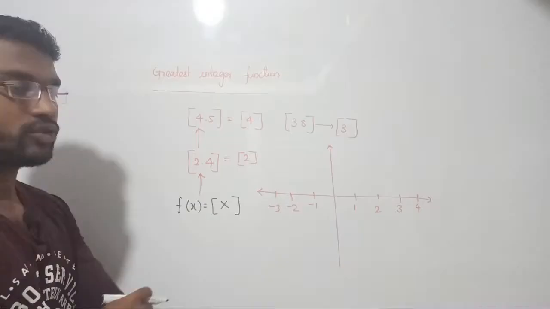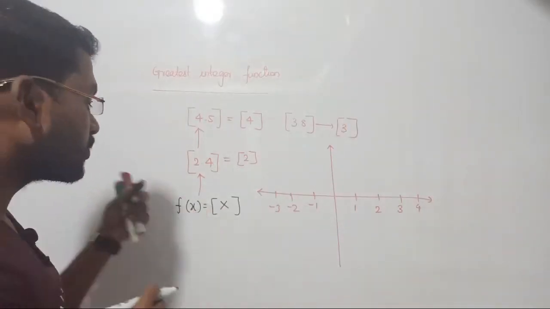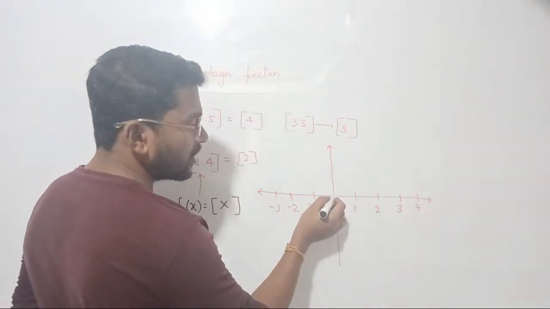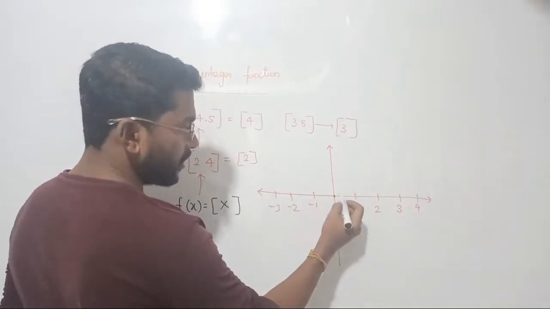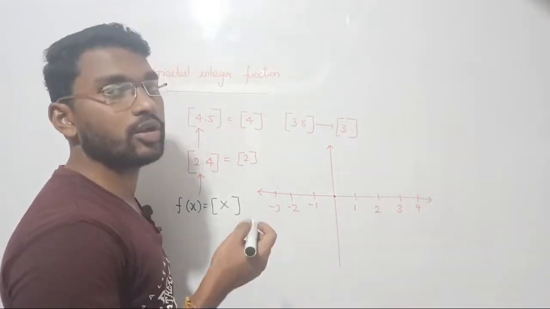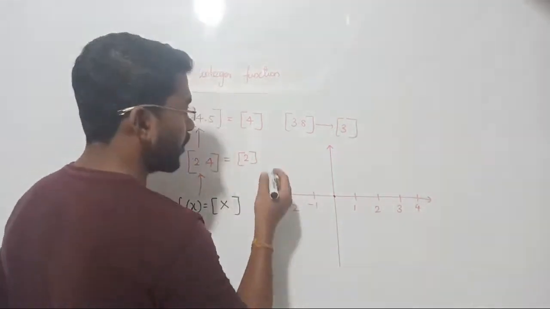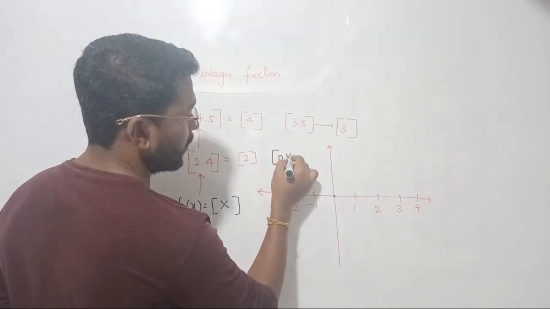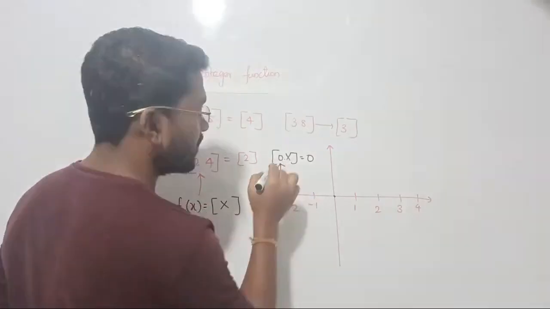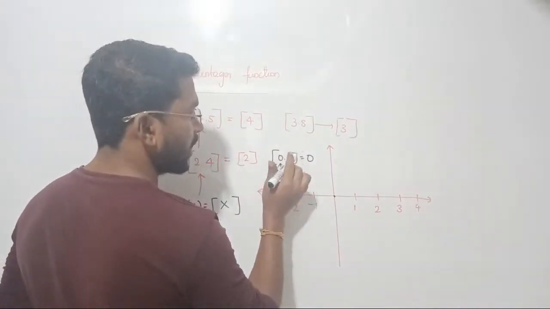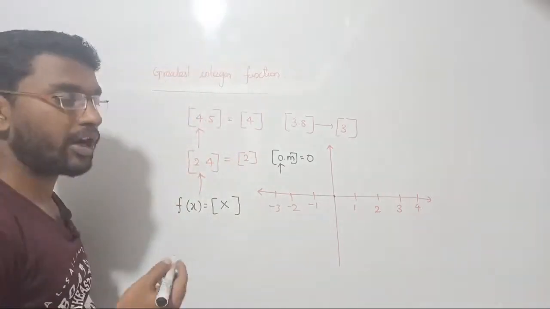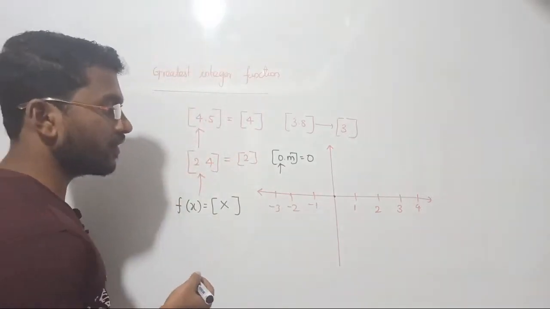Let us start our journey exactly from the origin. At the origin, the value of x is 0, and then 0.1, 0.3, 0.4, 0.5, 0.6, 0.7, 0.8, 0.9. For all these values we are going to consider, for 0 point anything, we consider 0 only. Do you all agree with me? In the same format, we have to consider the greatest integer, right? So 0 point anything means you can consider 0. Let me generally define m as denoting any value like 0.1, 1, 2, 3, 4, 5, 6, 7, 8; all values we are considering.